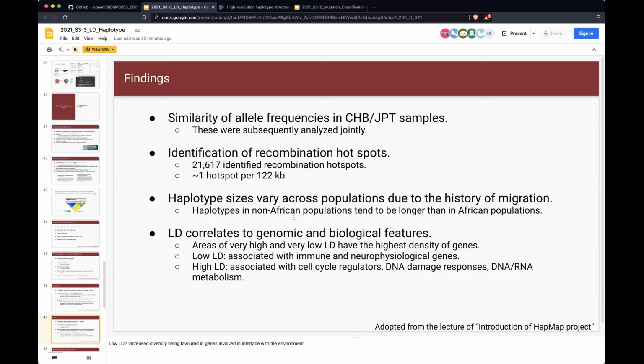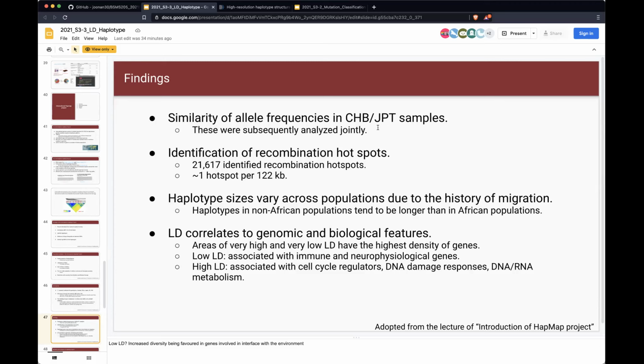Like if you compare Chinese and Japanese, they are quite similar compared to the differences between Asian and African or Asian and European, right? So after this project, people analyzed these two populations jointly. They were not treated separately. They put them into the same population, like East Asian, and looked at them together.